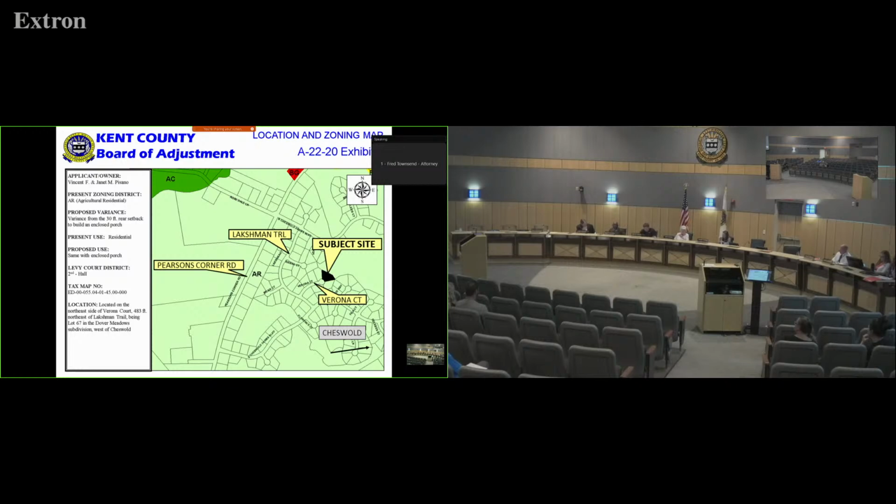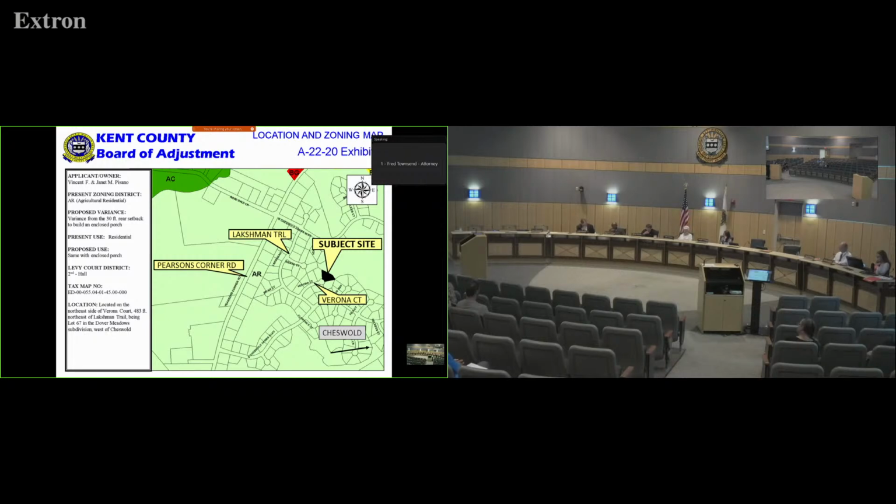As I looked at this application, and understanding that this deck existing was built prior to this ownership, and from a point of exceptional practical difficulty, when your house backs up essentially to a swamp and you're living in Delaware, just as was suggested by the applicant, you have not only bugs, but snakes and other things, and you should be able to enjoy what's left of our outdoors these days. So that's my statement.